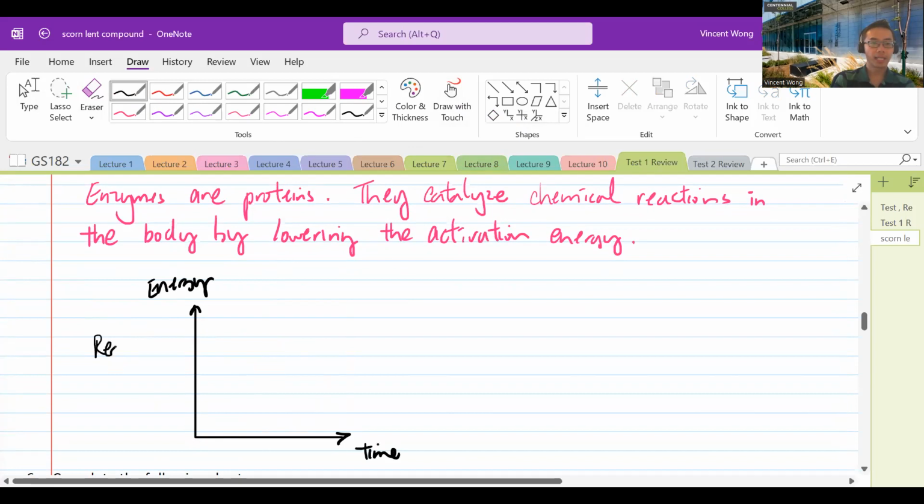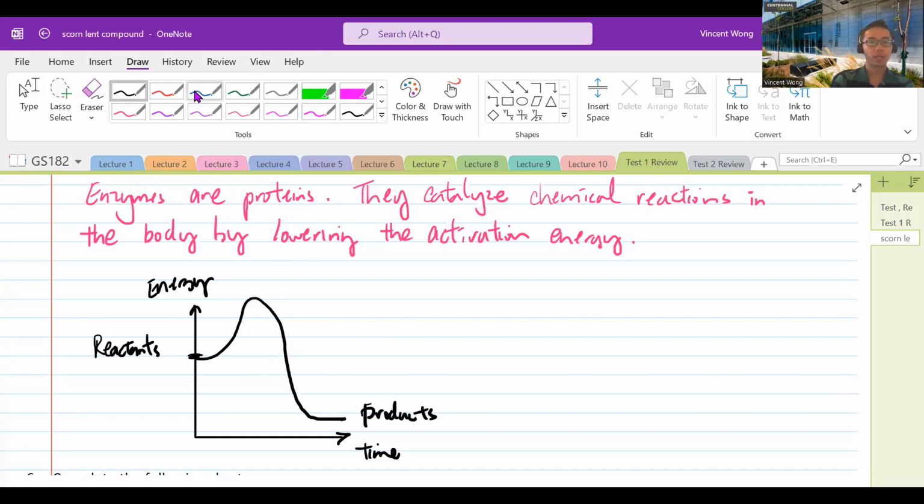Your reactants, the starting material, have an energy level here. In order for them to react, we must supply a little bit of energy first. This would be the products. The amount of energy supplied here is called the activation energy, EA. It is the energy required to kickstart a reaction.